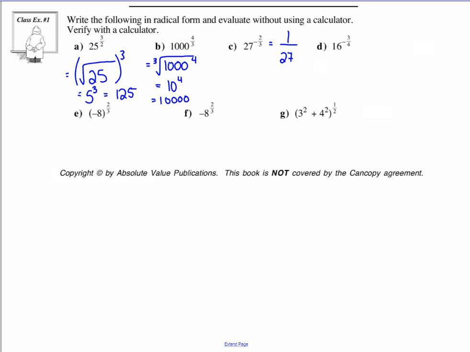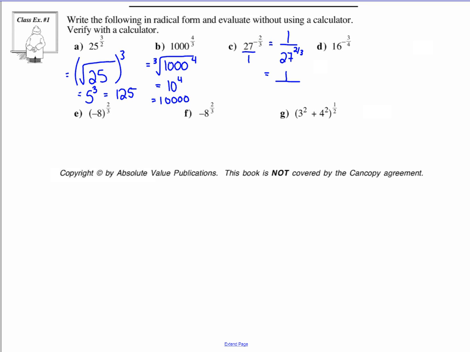We can't flip the exponent, but we flip the base. We want to move the 27 to the power of negative 2/3 to the denominator, then it becomes positive. When it crosses the border, we get rid of the negative. This is over 1, so we move it down so it becomes positive. You with me?